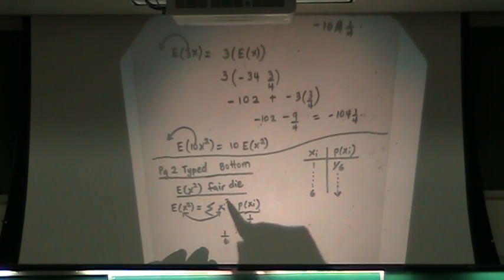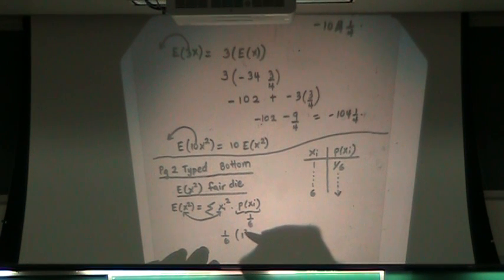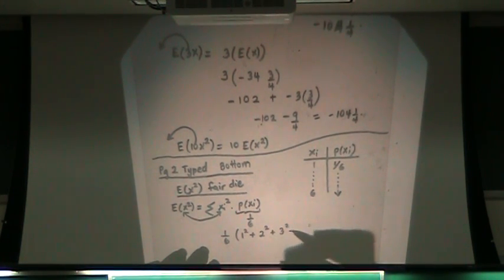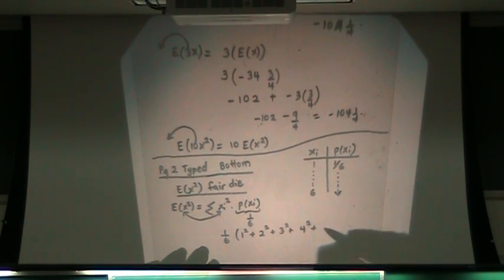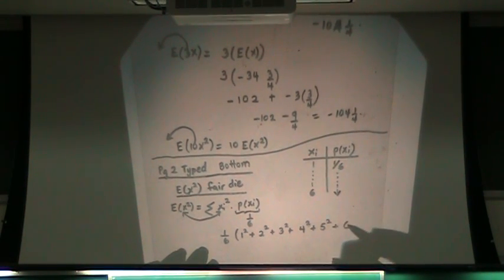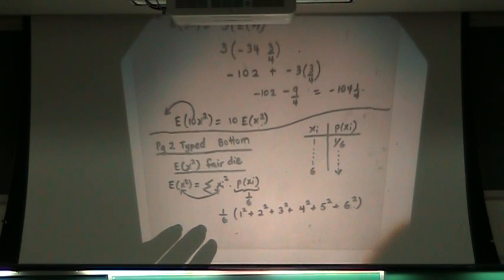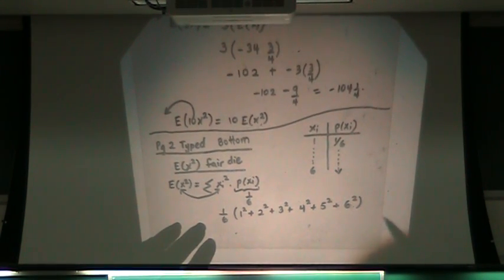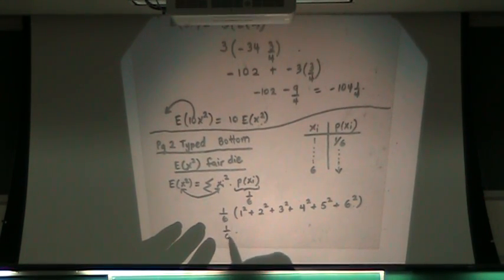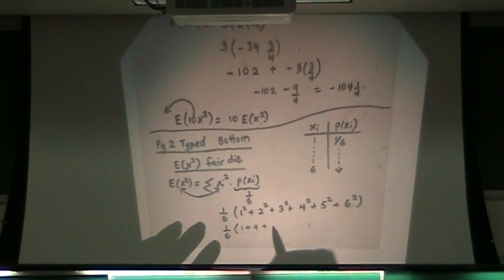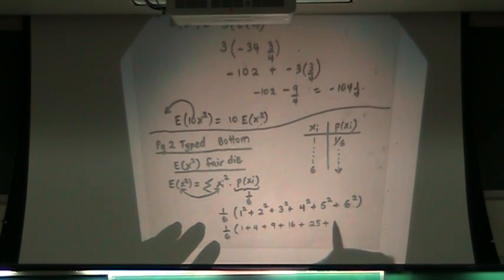Times summation xi squared. So 1 squared plus 2 squared plus 3 squared plus 4 squared plus 5 squared plus 6 squared. So 1/6 times 1 plus 4 plus 9 plus 16 plus 25 plus 36.